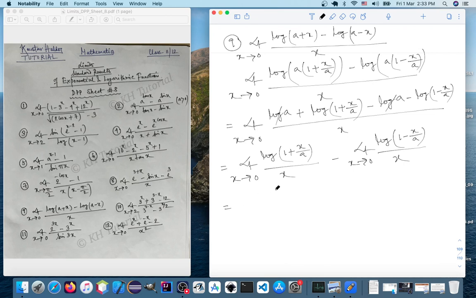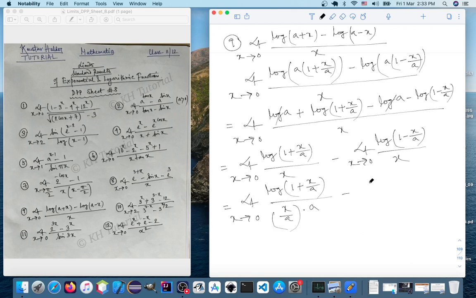Now, to create the general form, we know that log of 1 plus f(x) by f(x), when f(x) tending to 0, is 1, but in the denominator we have a. So we create the x by a and adjust the a.